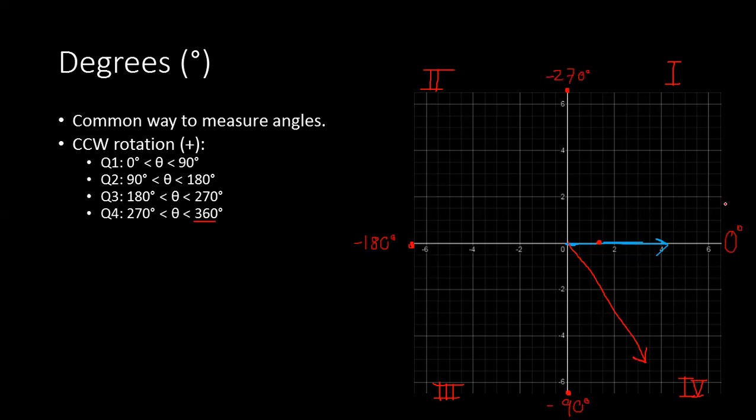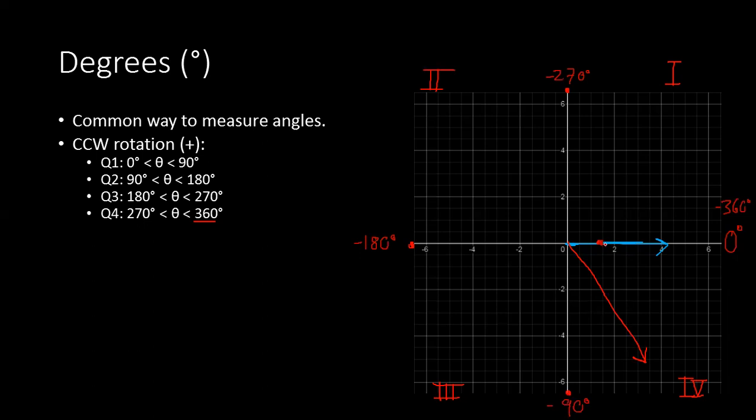And going back to the 0 degrees, you will have negative 360 degrees. So it's basically a reverse of the counterclockwise rotation angles. It's just that the positioning and the signs are opposite.